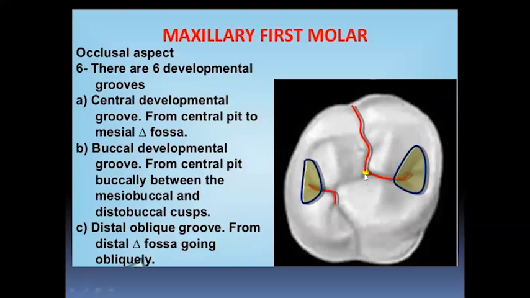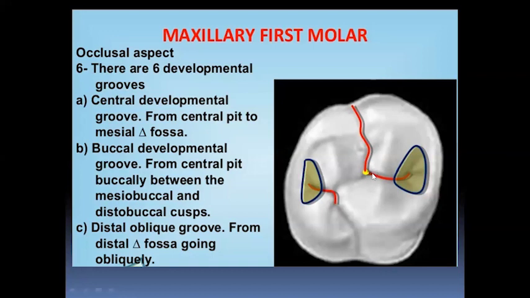This is the central groove. This is the buccal developmental groove. The central developmental groove runs from the central pit to the mesial triangular fossa.